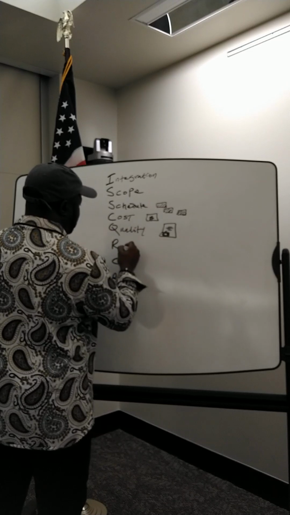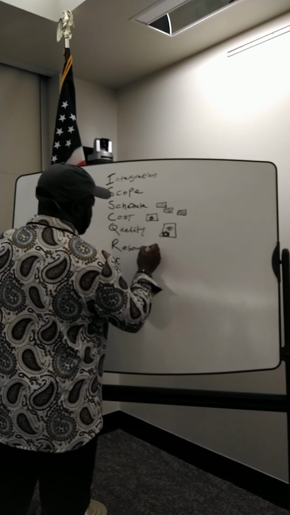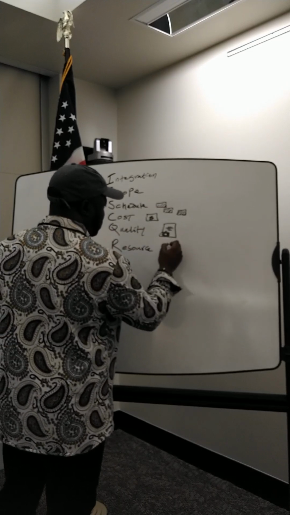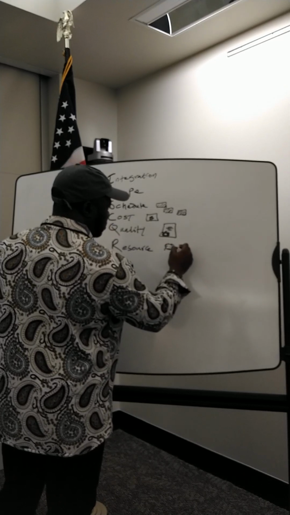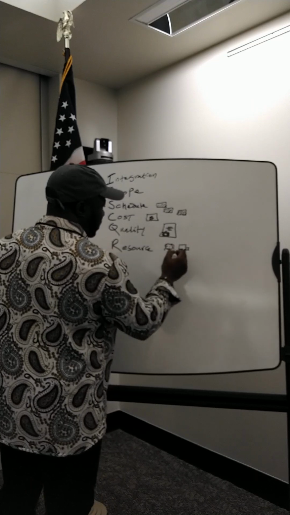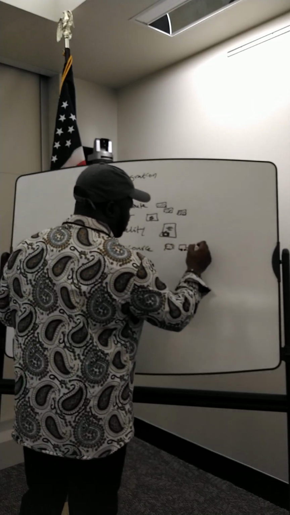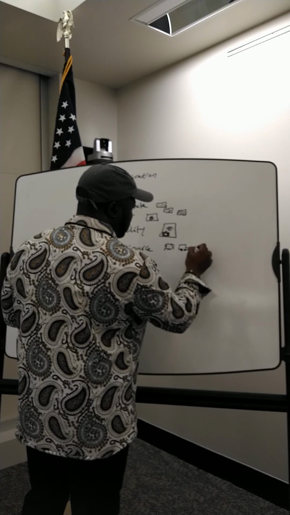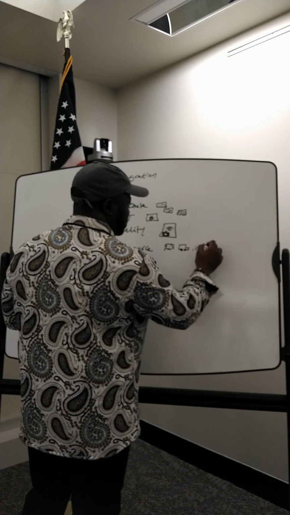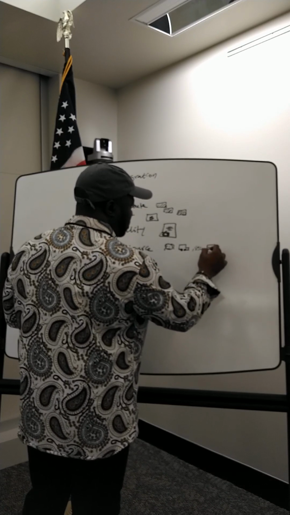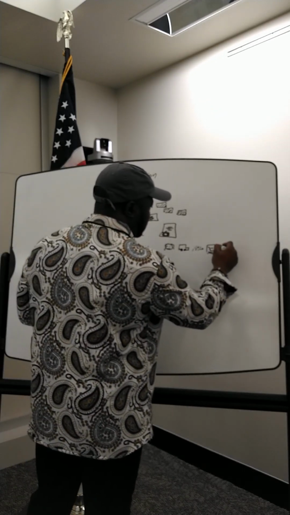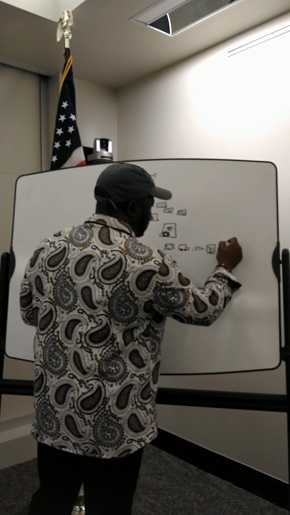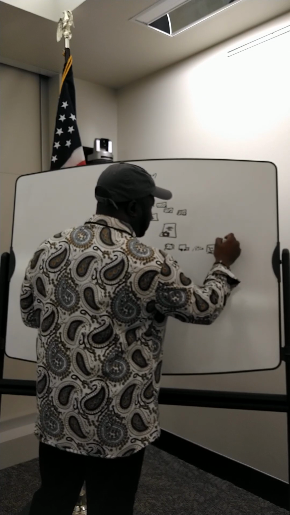The next area is resource management. And when we talk about resource management, we're talking about human, equipment, like a vehicle, materials, like gravel, supplies, like books, and even facilities, like a factory, for example.